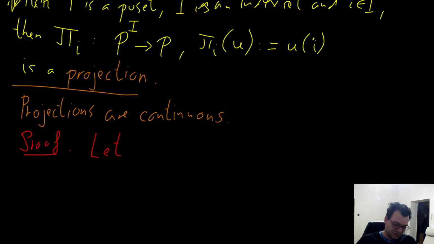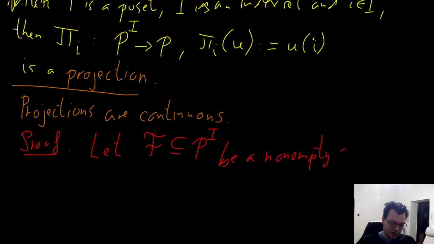So let's say F be a subset of p to the I, and in the continuity definition it's a non-empty chain of functions, meaning if there are two functions f and g in this capital F, then either f is smaller than or equal to g or g is smaller than or equal to f, right?